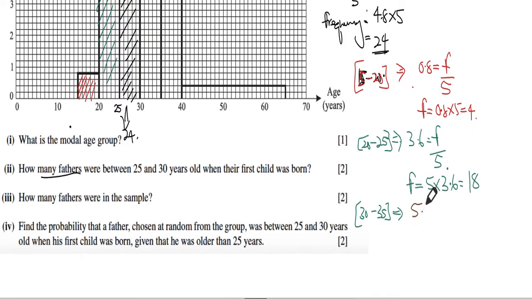So 5.6 equals f over 5. Therefore the frequency for that interval is 5 times 5.6, and the answer is 28.